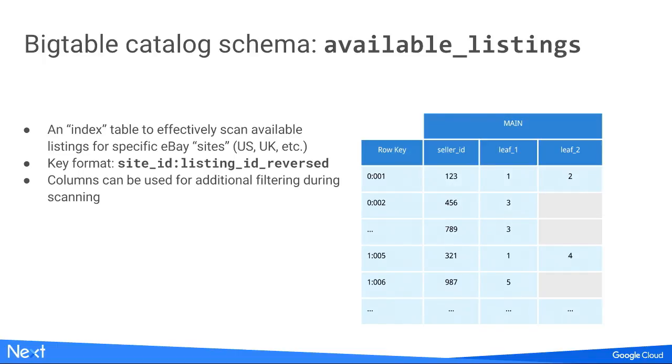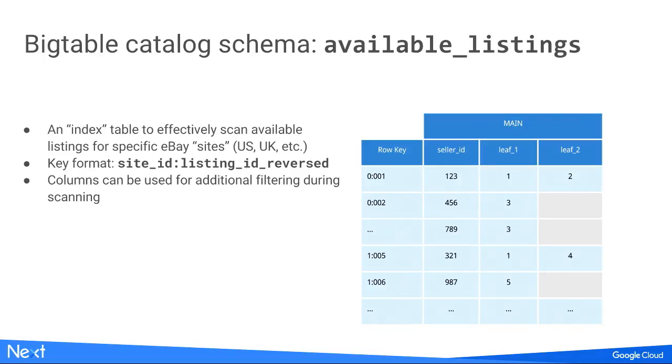And the listing identifiers are prefixed here by site IDs. Site ID stands pretty much for the market where the item was listed, United States, UK, and so on. This allows us to scan just for available listings in the United States or just in the UK, so we can rebuild the index just for the subset of markets that we want.